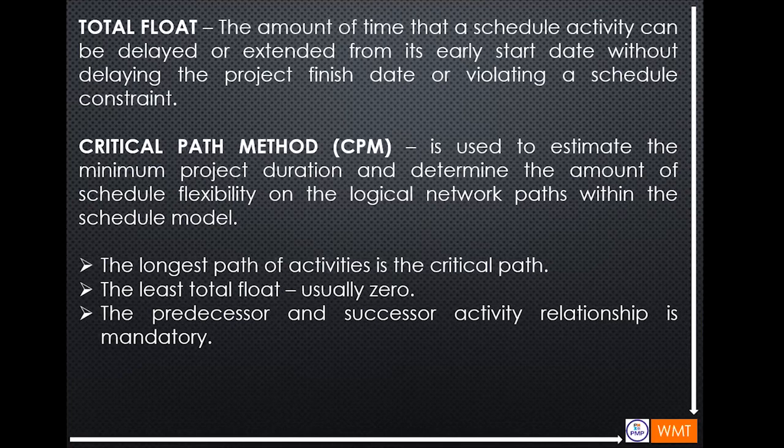And then the critical path method, or the CPM, is used to estimate the minimum project duration and determine the amount of schedule flexibility on the logical network paths within the schedule model. So the CPM is the longest path of activities, and it usually has zero float. And then the predecessor and successor activity relationship is mandatory.